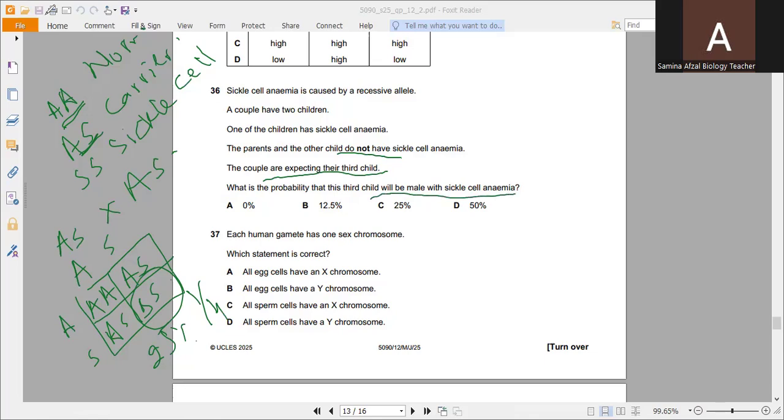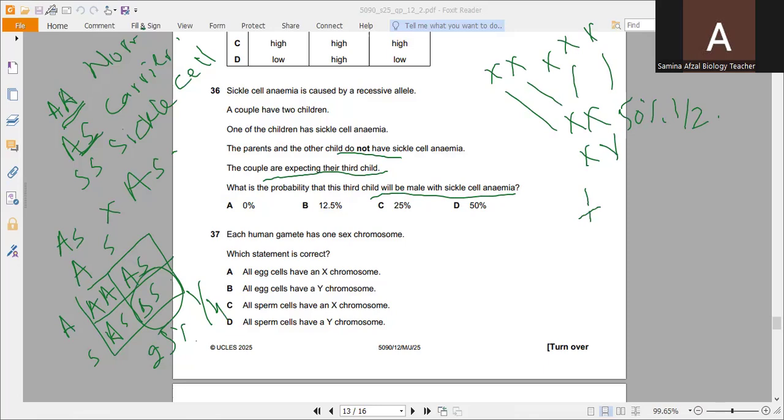So the male or female, you know, XX, XY. So the probability of an X or a Y is 50%, which is 1 by 2. So we will multiply both of these probabilities as 1 by 4 multiplied by 1 by 2, it is equal to 1 by 8.